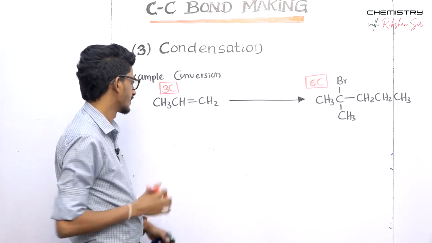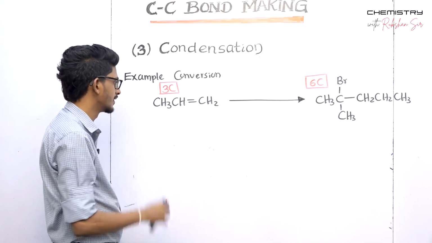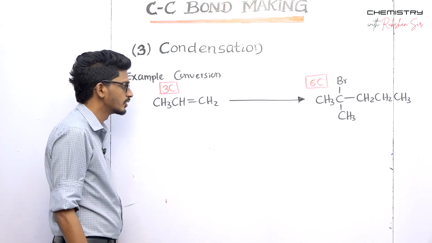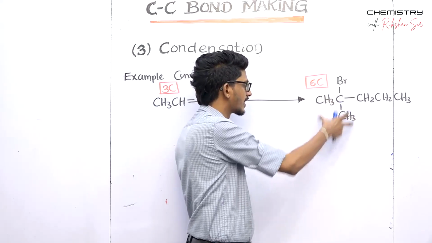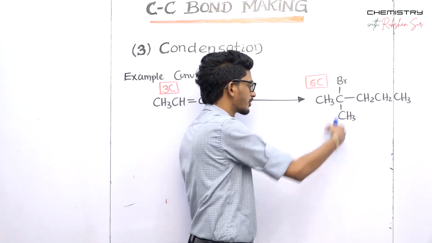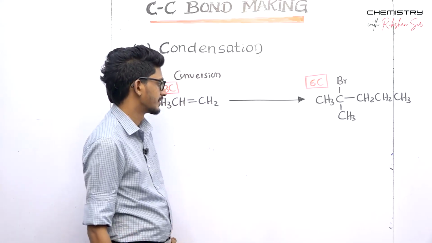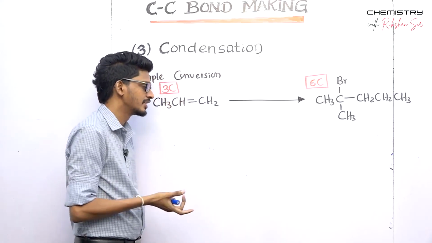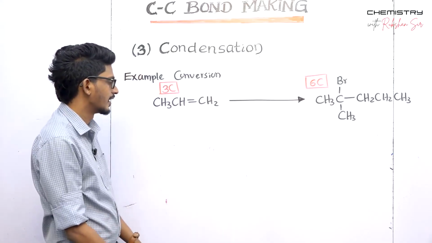Okay, let's discuss. So first of all, what we need to do, as in earlier cases, is divide this larger compound, the 6 carbon compound, into two blocks containing 3 carbons each.